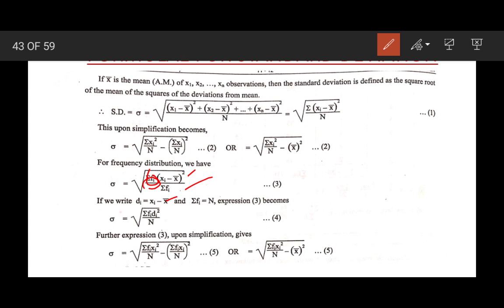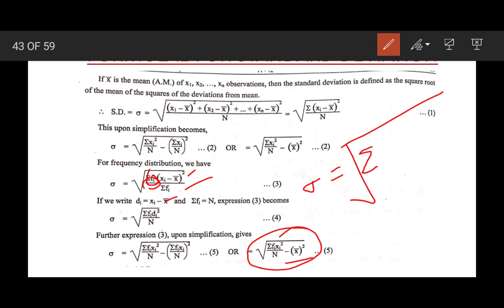This can be written as under root summation f into x square upon n minus x bar square, where n means summation f.